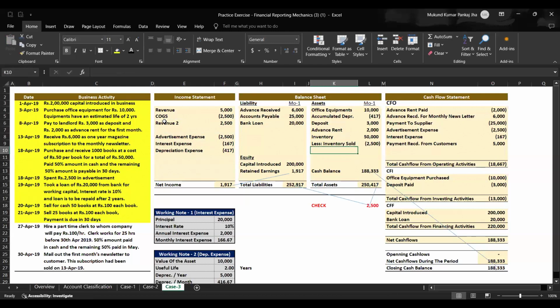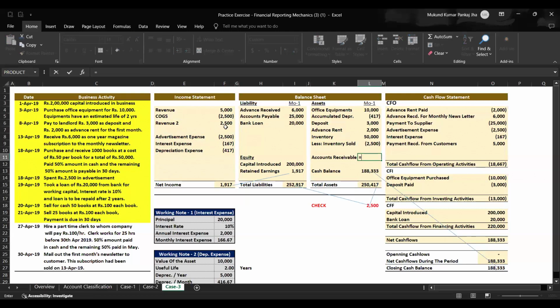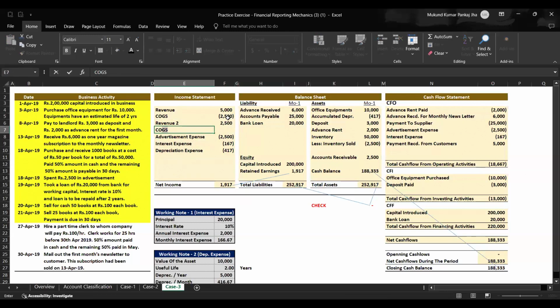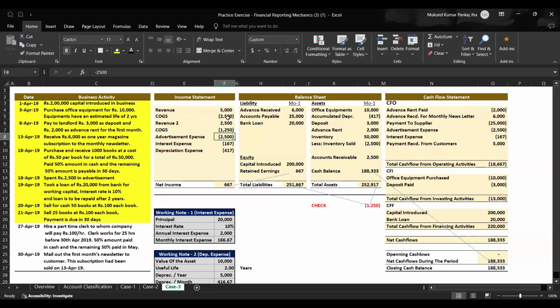Payment will be received in 30 days, so accounts receivable. That is 2,500. COGS would be 25 into 50.